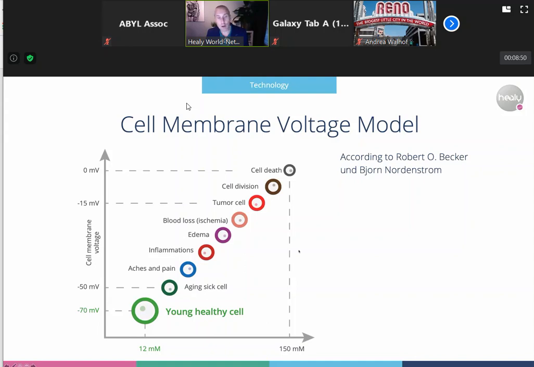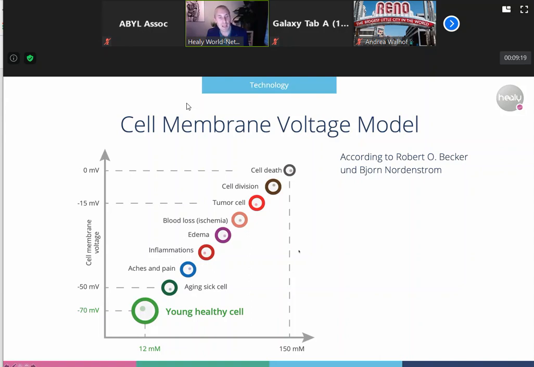Think about our mobile phones, the tablets, the Wi-Fi, the cell towers, and all the toxins we are getting in our system via the things we eat, drink, get via our skin, the air we breathe in. All these toxins are also helping to get a more positively charged environment. And we don't want that. We want to have a negatively charged environment.